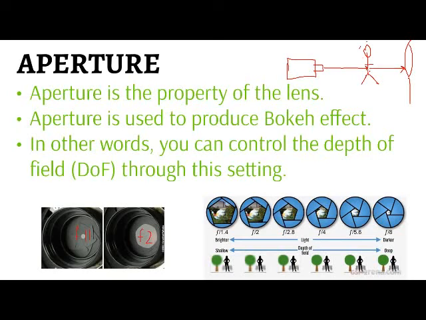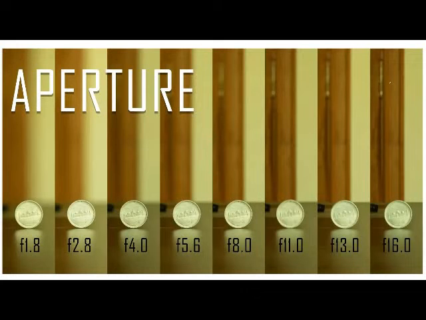Everything which falls on this plane, where this person is located, will be tack sharp, because I've set f-stop to a very small value. But as I go further, it will have some sharpness issues, and it will keep on decreasing as I go further.